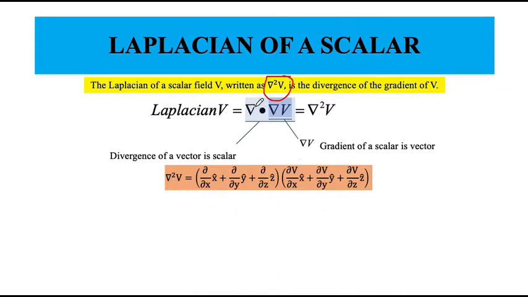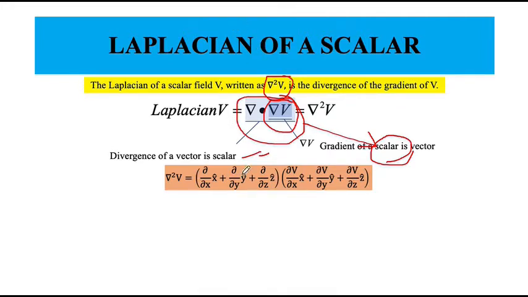Okay, so it is basically double differentiation. This is our gradient of a scalar, it's a vector, and then I am taking the divergence of the vector, that is a scalar. So basically the Laplacian of a scalar is a scalar at the end.